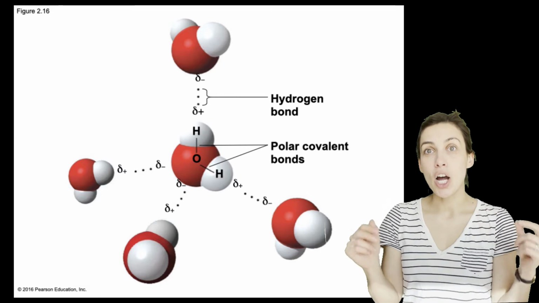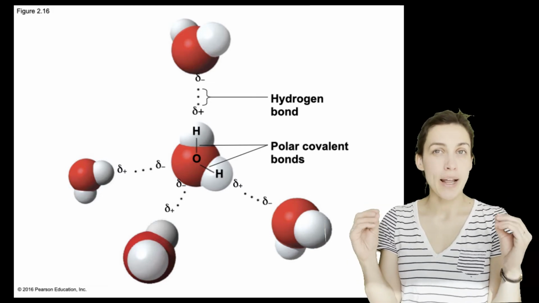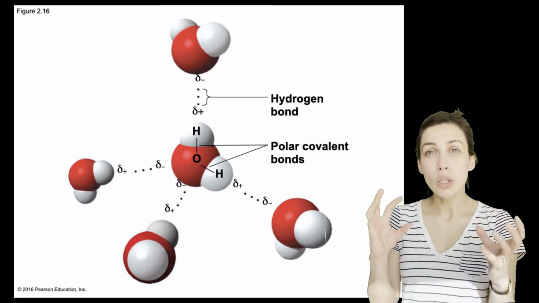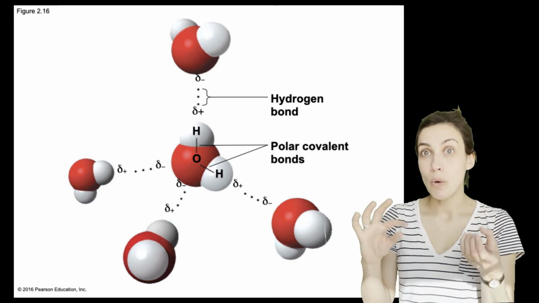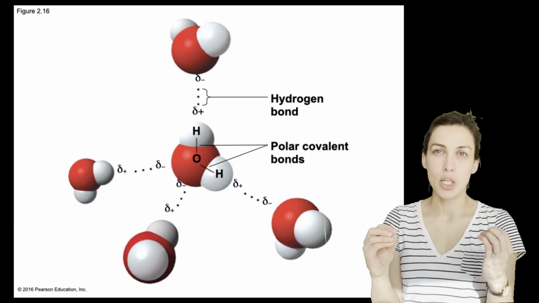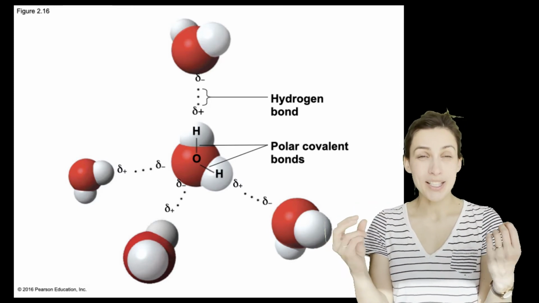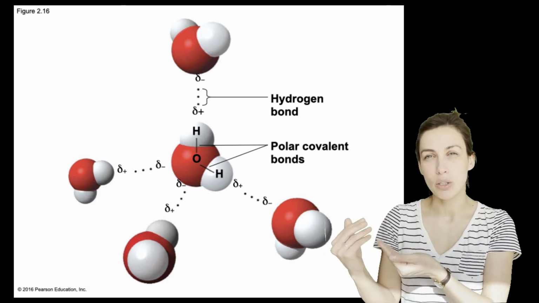Hydrogen bonds are weak intermolecular interactions where two polar molecules are interacting in a way where oppositely charged sides of those polar molecules are attracted to one another. And it's called a hydrogen bond because usually a hydrogen is involved in creating the polar covalent bond.